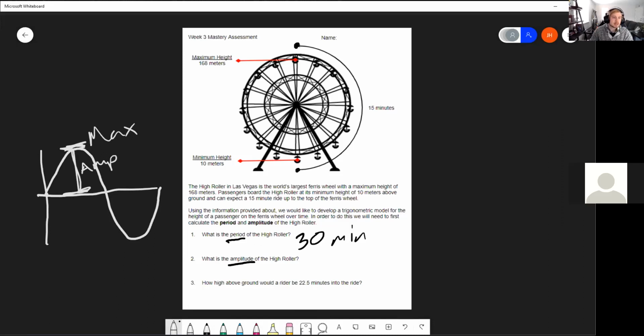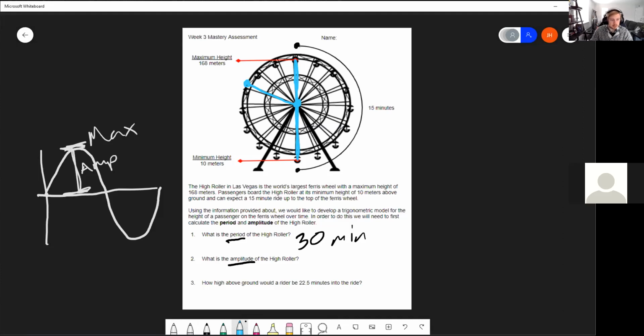People found this a number of different ways. One way I saw most people do it was they said, if I can find the diameter, then I can find the radius, which is the amplitude. Remember, the radius of the unit circle was the amplitude. Similarly, the radius of this guy would be the amplitude, by just dividing by 2.